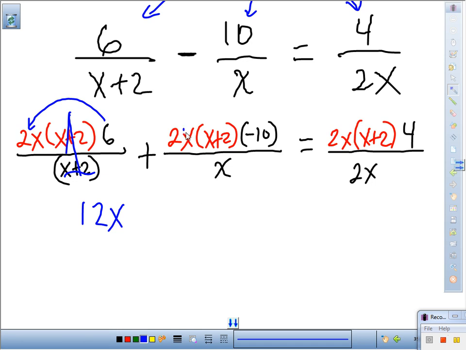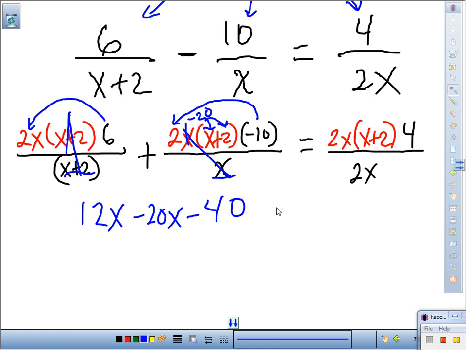The x and the x, is that correct? So that leaves us with, what is negative 10 times 2? Negative 20, and we distribute that to these two terms. So that leaves me with negative 20x and negative 40. Everybody following up to right there?